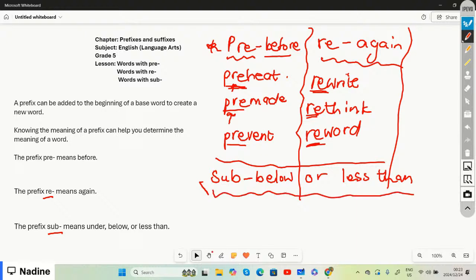And if we were to look at a few example words with sub, and if we look at the very first word, they say prefix sub either means under, below, or it means less than, right? That is the prefix sub.